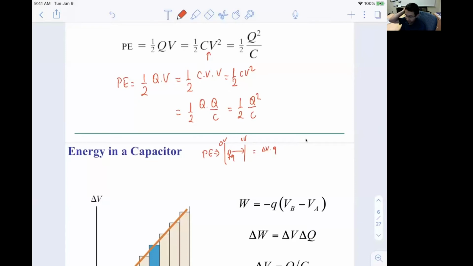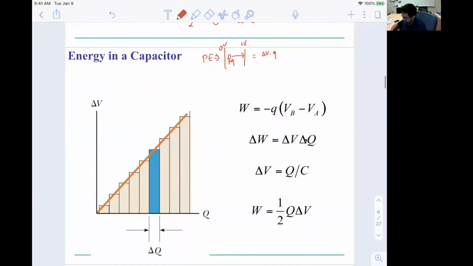And in the capacitor, let's say you have some charge Q, and the potential is going to be Q divided by C. If you plot this, you will see a linear relationship between the potential difference and Q, proportional to 1/C. As you increase the Q, you get more voltage.